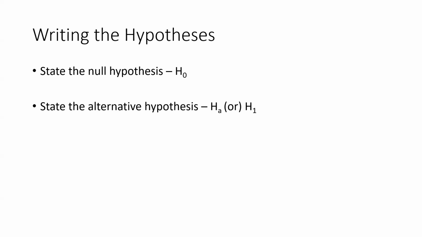Okay, we'll go over how to state findings for research in the APA format, and we'll go over research maybe in its own lecture. But if you're stating the null hypothesis and the alternative hypothesis symbolically, this is really only something you're going to encounter in academic exercises. When you're doing research and you're publishing research, you're not going to see H subscript 0, H subscript lowercase a, or H subscript 1. Just wanted to point that out.